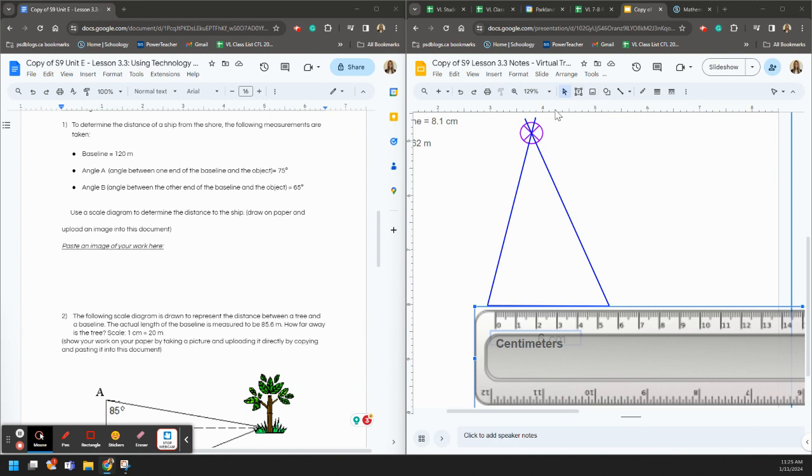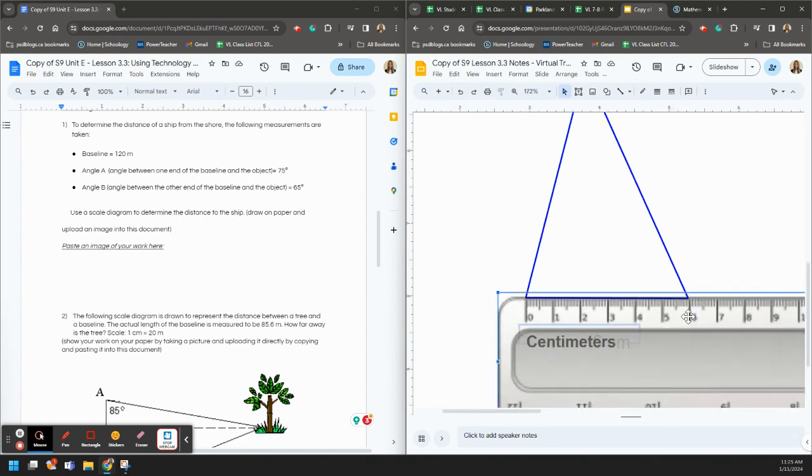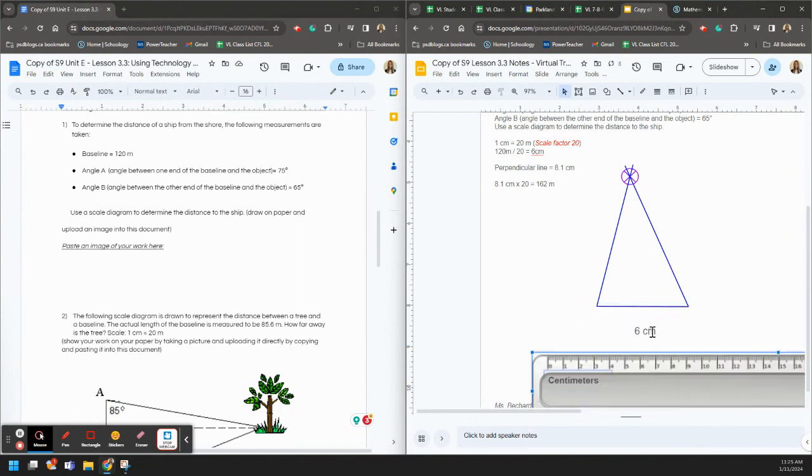To get started, the way I achieved getting the blue lines is you can pull in lines and click and drag to measure out the 6 centimeter baseline. I already have it drawn out here, so I'm going to double check using the ruler that it is 6 centimeters. You can see I'm using the side with the centimeters units. So I'm going to mark that down as 6 centimeters.